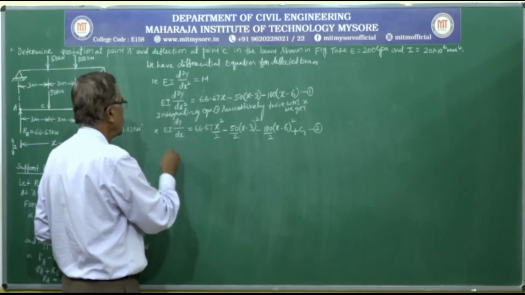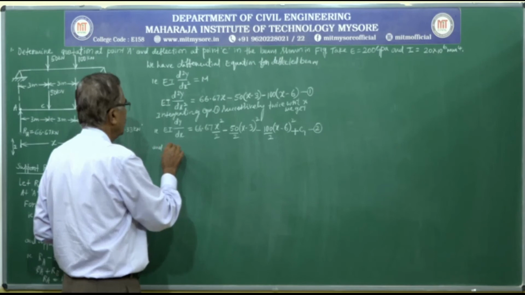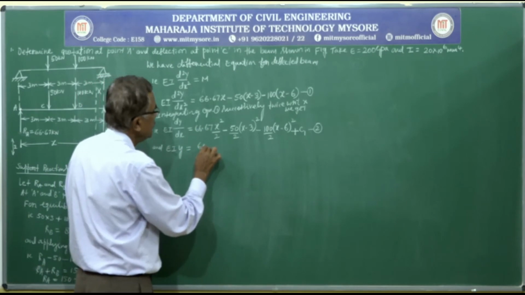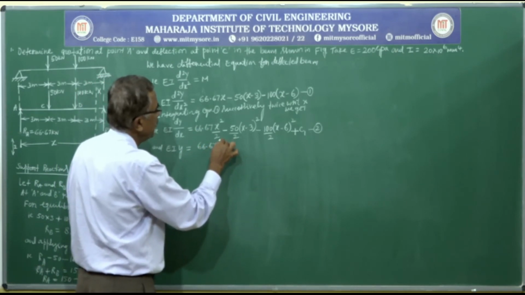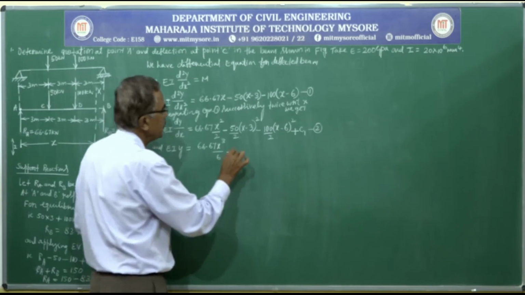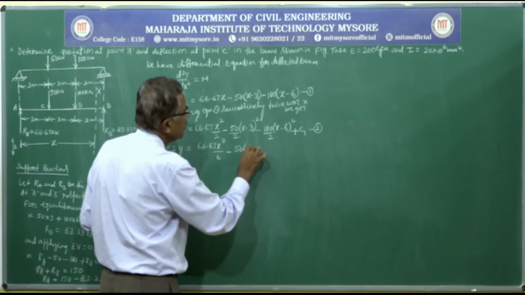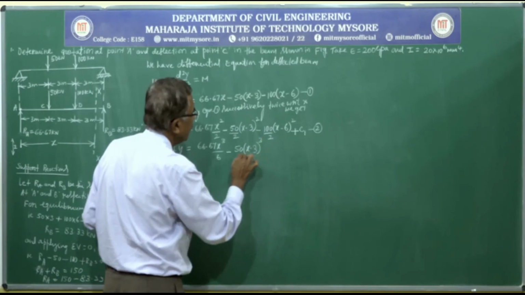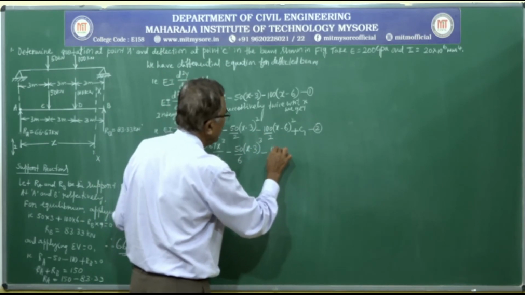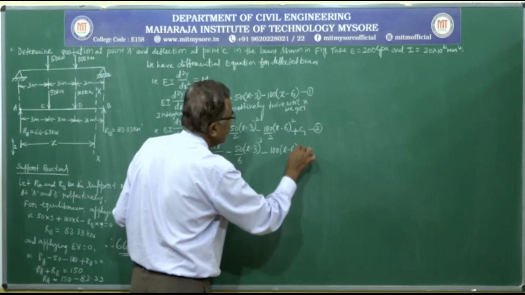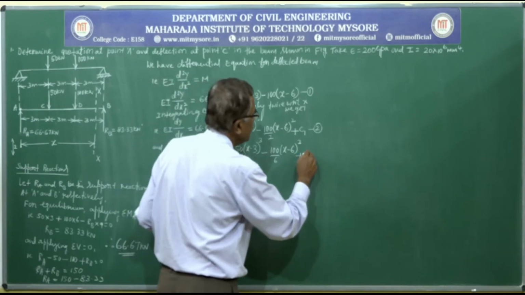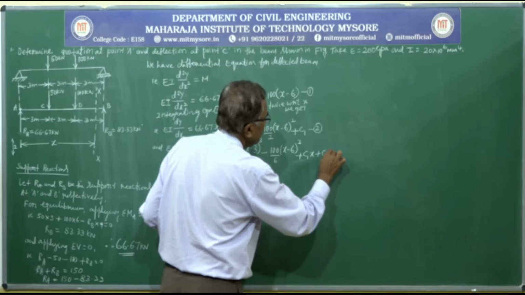Further integration of equation 2: EI into y is equal to 66.67 x cube by 6, minus 50 into (x minus 3) whole cube by 6, minus 100 into (x minus 6) whole cube by 6, again we should not open the bracket, plus the integration of C1 x, and we introduce another constant C2.